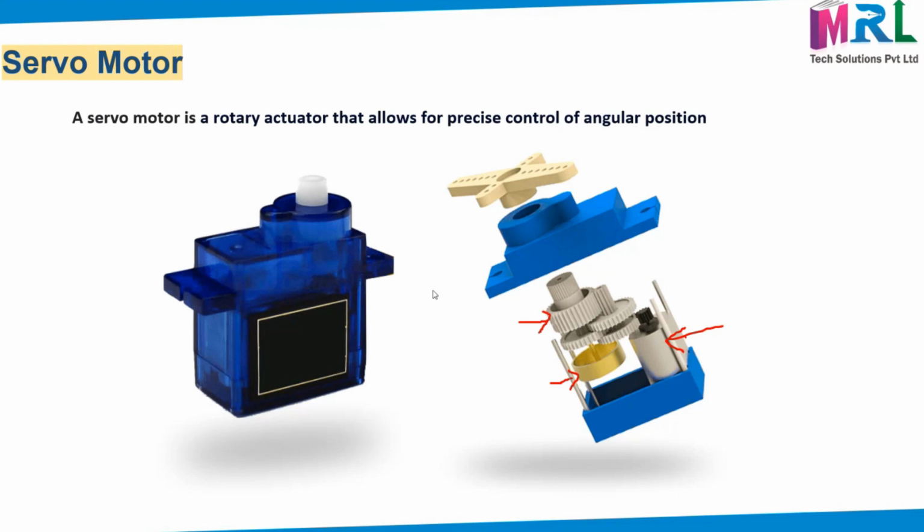Inside the DC motor, the rotor is rotating continuously. But this servo motor at the output is not rotating continuously. It will rotate for a certain angle. That's why it is called a rotary actuator that allows for precise control of angular position.